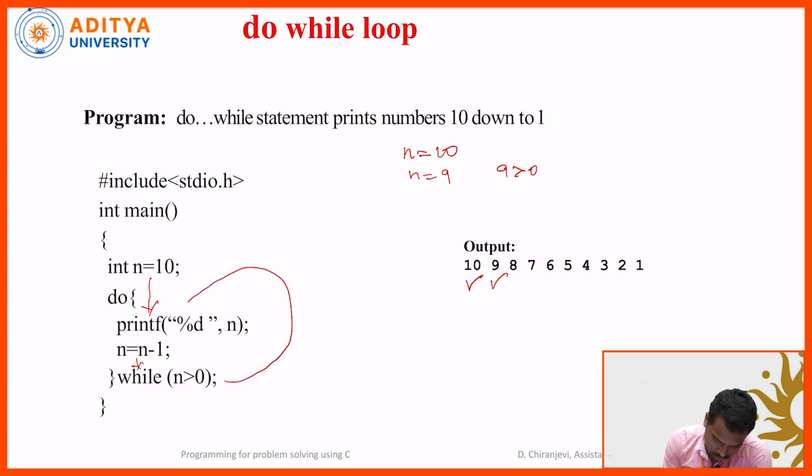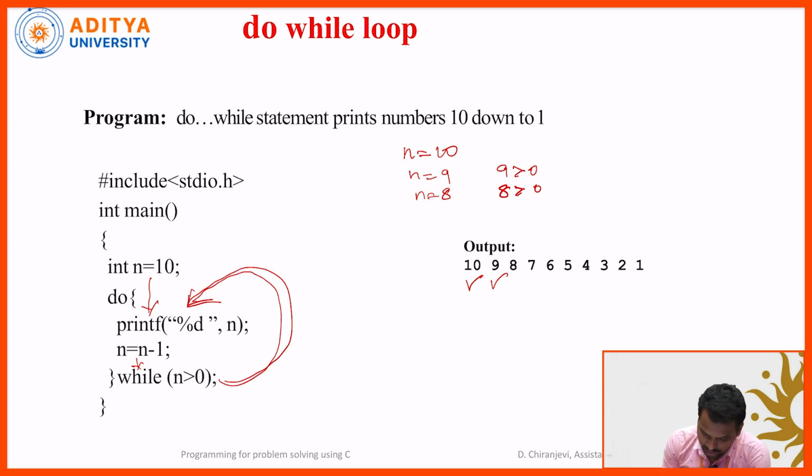If it is true, control will be transferred to the do block body. Now n value is 9, so 9 is printed. Now it will update n minus 1, so n value became 8. Now after updating, again it is checking n greater than 0, so 8 greater than 0, that is true. If it is true, again control will be transferred to the do block body.